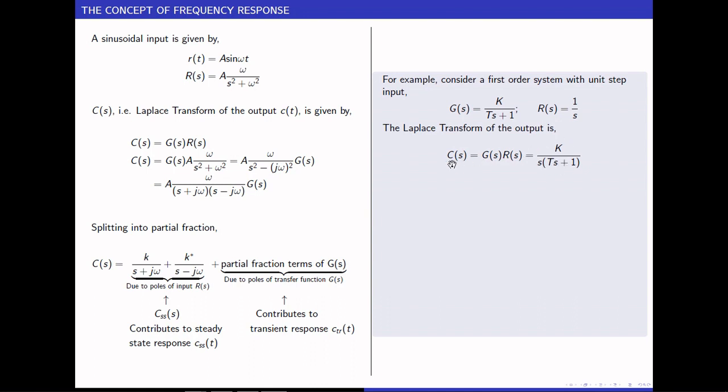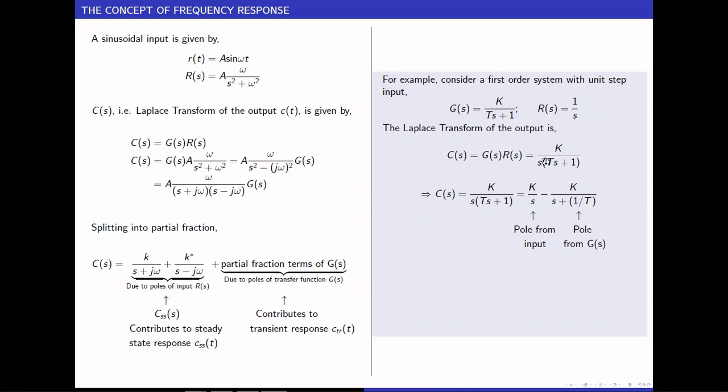So to find out c of t, the solution in time domain, I should again do a partial fraction for this. If I do a partial fraction, I'll be getting this. You can try this.